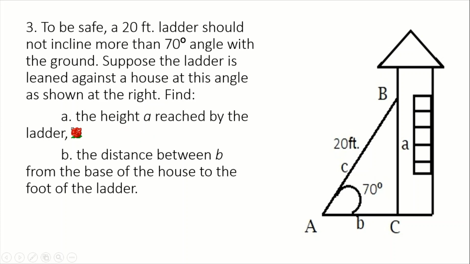Find A, the height reached with the ladder, and B, the distance from the base of the house to the foot of the ladder. So in this problem, two things are asked, or two things we need to find. But always remember, class, it is better to make an illustration based on our understanding of the problem so that it is easier to solve.